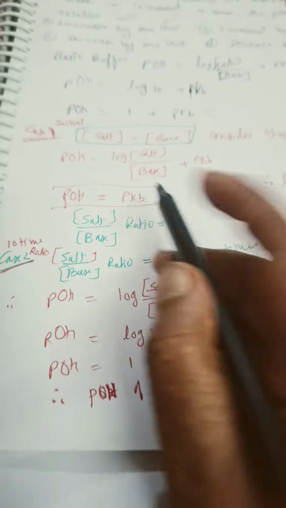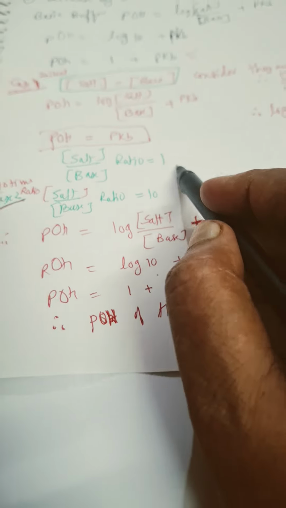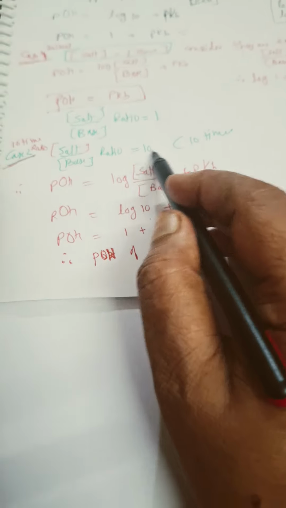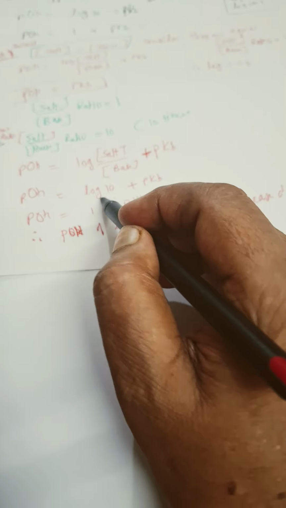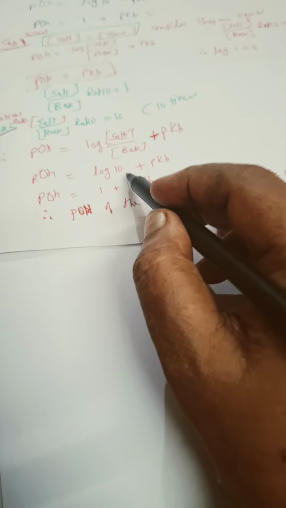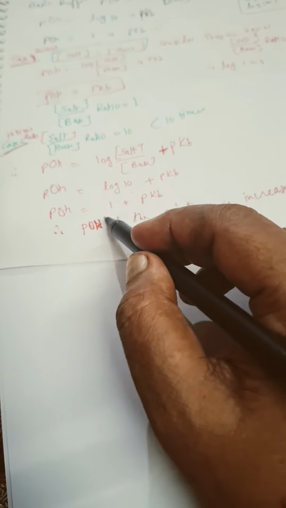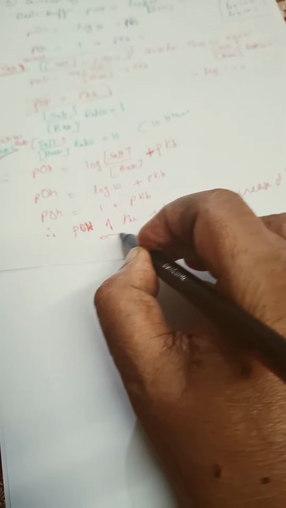But then the ratio is increased by 10 times. Here it will be clear why I put this 10 over here. So now we put the value 10: log of 10 plus pKb, log 10 is equal to 1. So pOH is equal to 1 plus pKb. What does it mean? The pOH of the solution is increased by 1 unit.